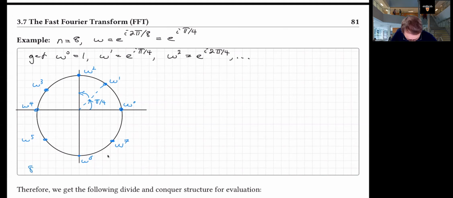And these are the 8th roots of unity. And now let's say I square them. So square each one of those numbers.